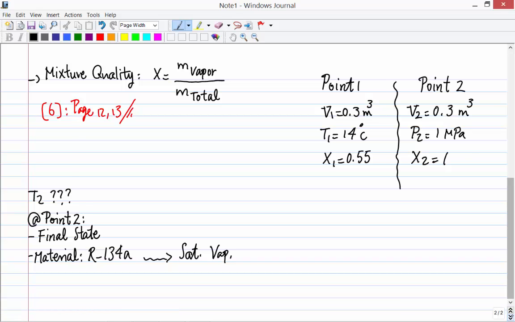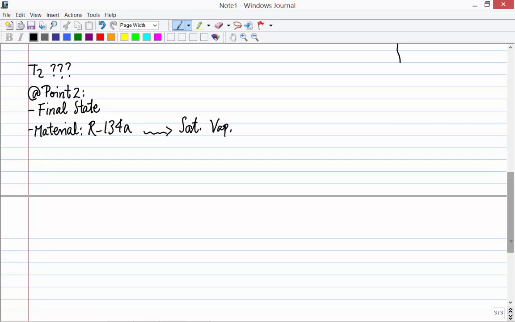Therefore, according to table A12, T2 would be T saturated at 1 megapascal.